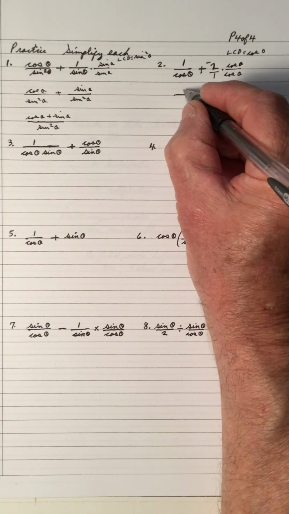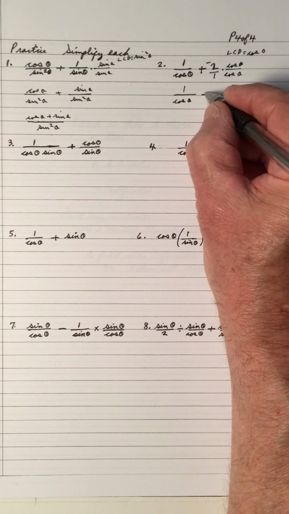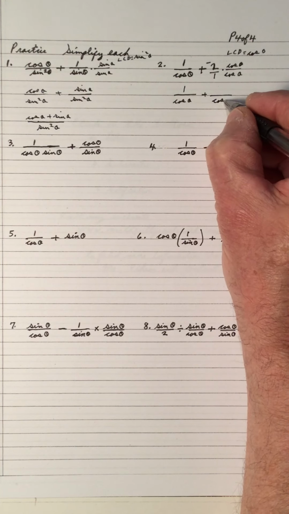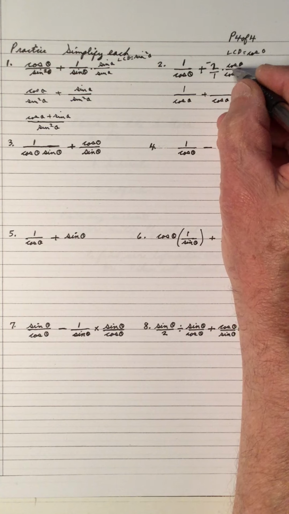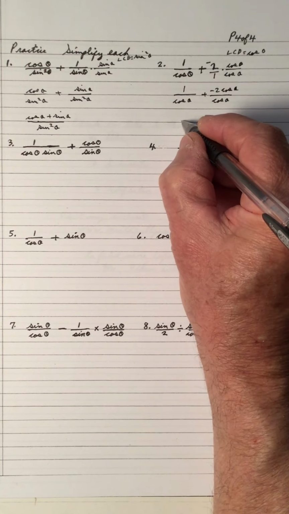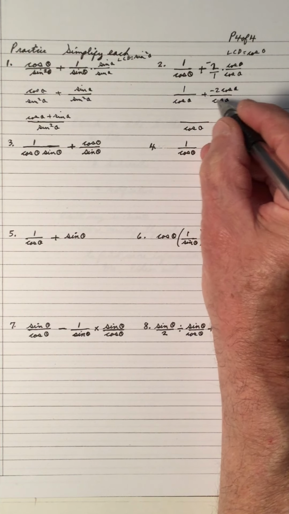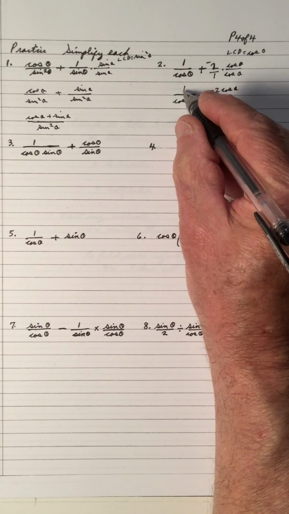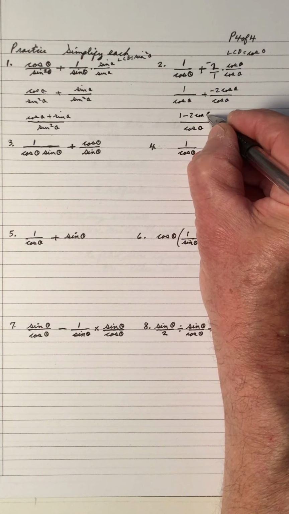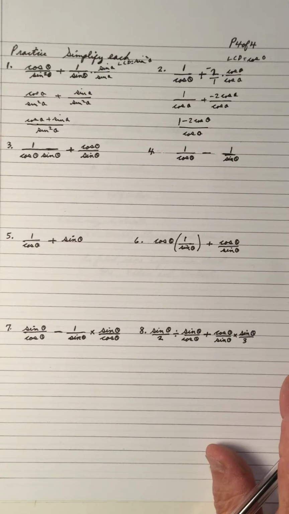And this fraction is okay, it's already the same denominator cos theta, and 1 times cos theta is cos theta. Negative 2 times cos theta is a negative 2 cos theta. Common denominator is cos theta. Two of them are the same, write down one of them. And we subtract these, so 1 subtract 2 cos theta. Again, you can't combine them, because they're not like terms.